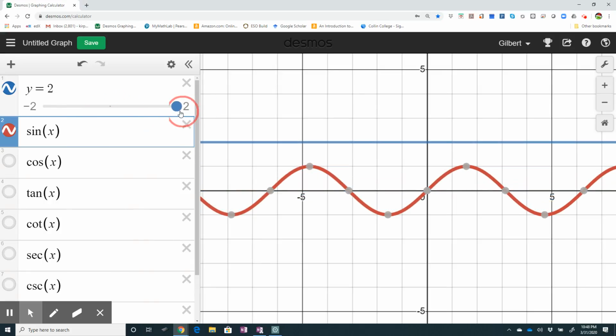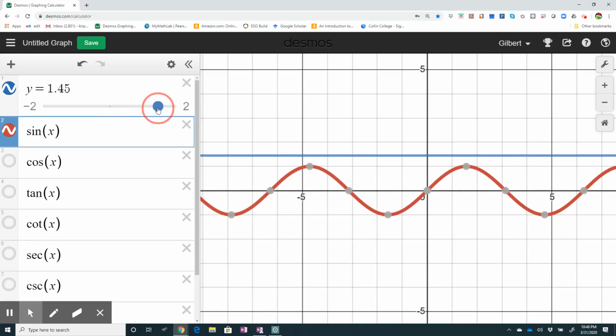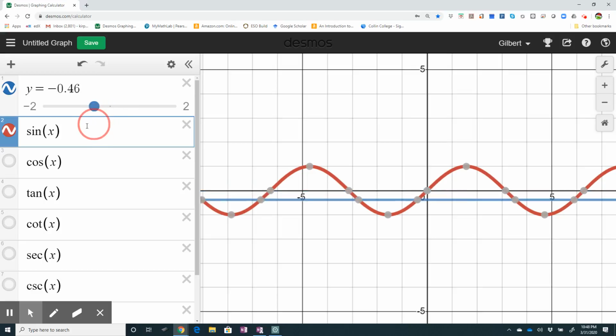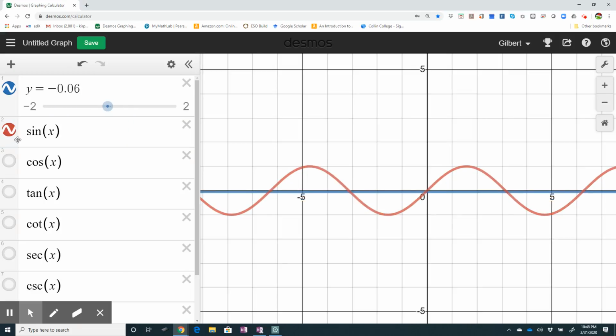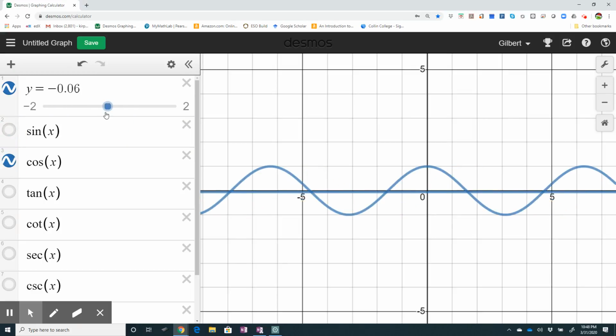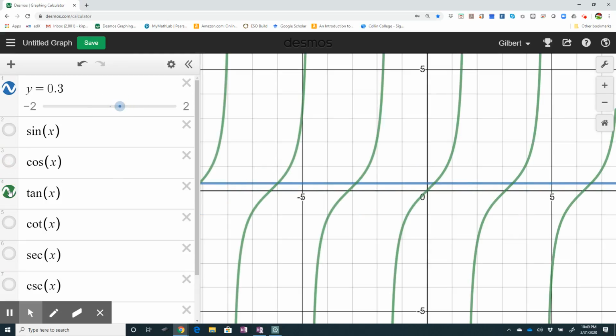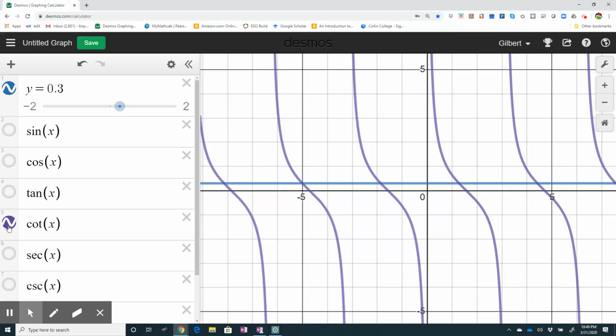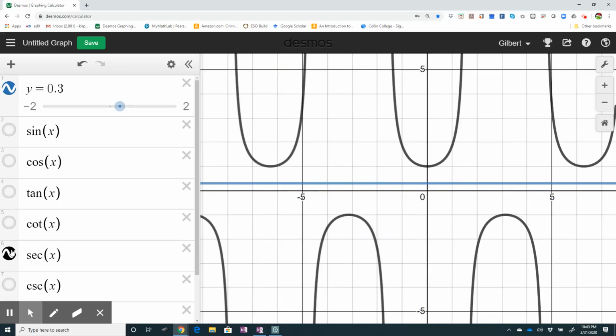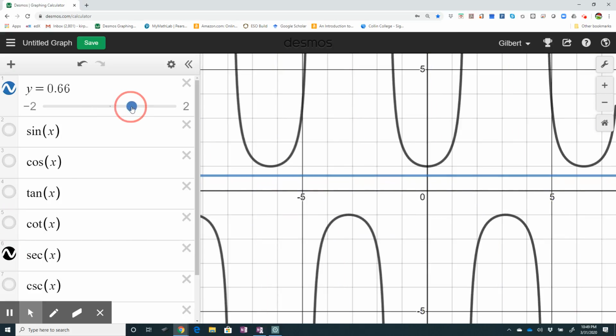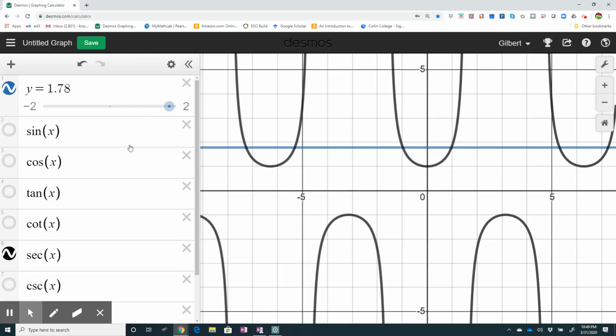And again, if it doesn't touch that, it's okay. The horizontal line test means if it touches at least once, it doesn't pass. So sine fails, cosine fails, tangent fails, cotangent fails, secant, it's okay if it doesn't touch, but once you go up here, notice it touches a lot.